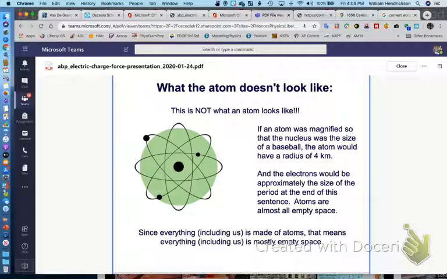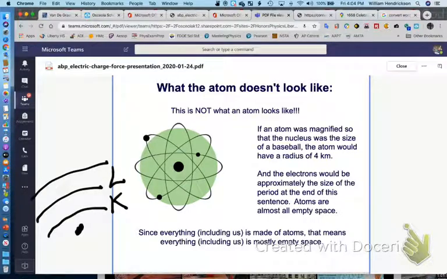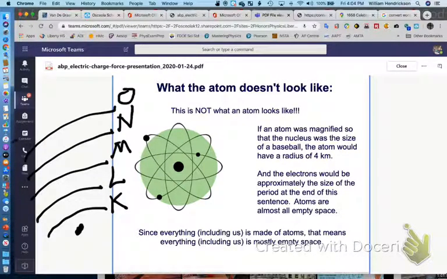If the nucleus was here, the first ring's name is K, the next ring's name is L, then M, N, O, P, and the next ring's name is Q. And these would be these rings flattened down like a pancake.